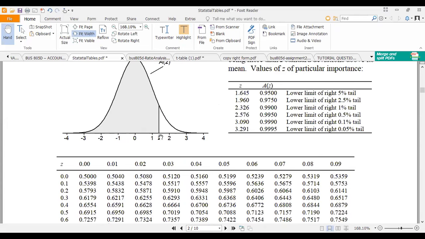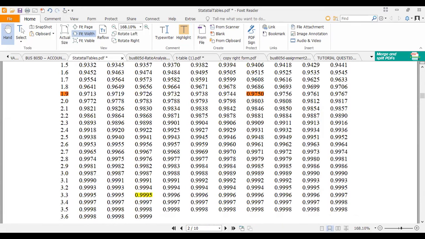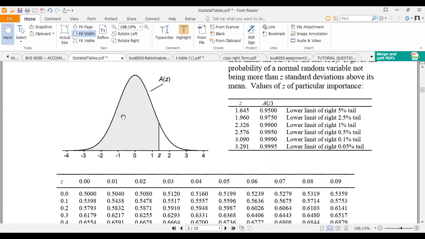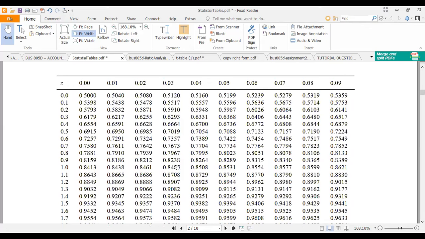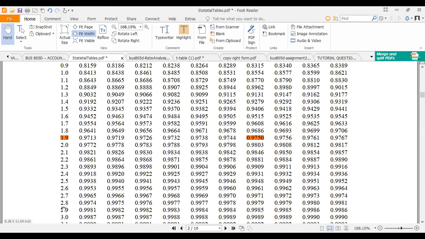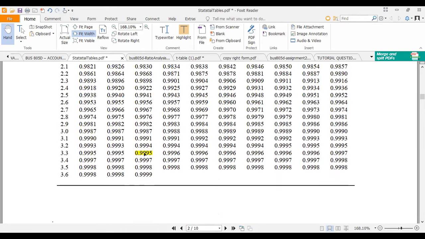This curve is the shaded region. There are so many z curves, but this z curve is for the shaded region. So this whole shaded region here is 0.9995. I believe how to read the 3.32, we should know it by now: 3.3 on the vertical, then 0.02 on the horizontal. So we have 3.32 here, and the figure is 0.9995.